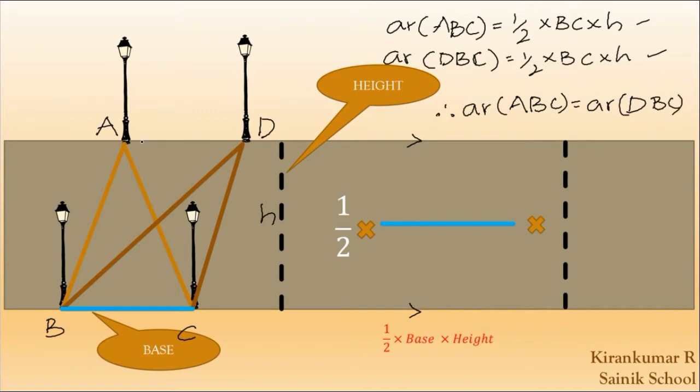So this property is: whenever two lines are parallel to each other, between them if you draw two triangles having the common base, their areas are equal.